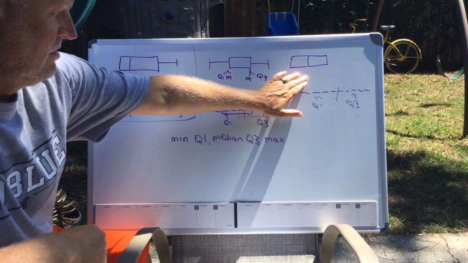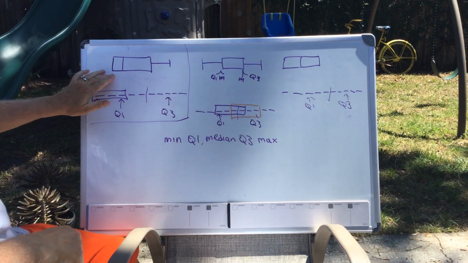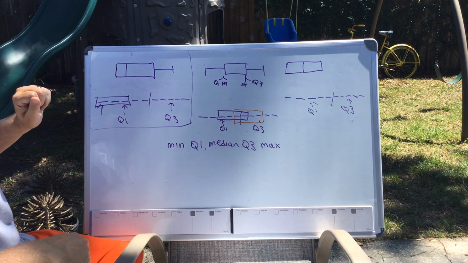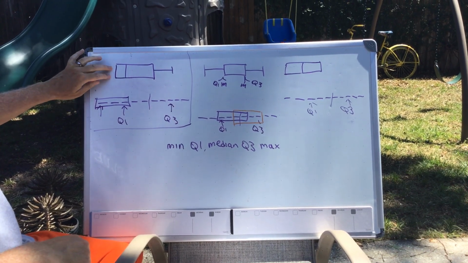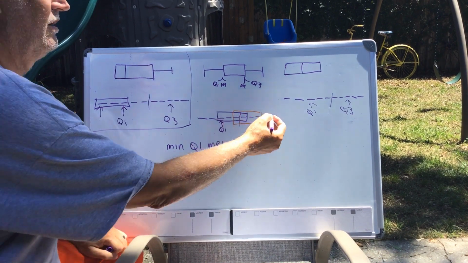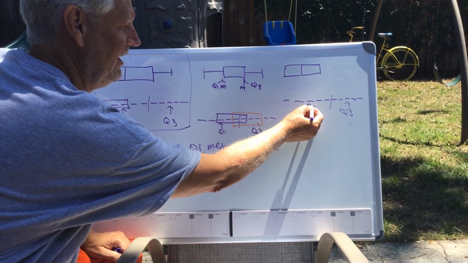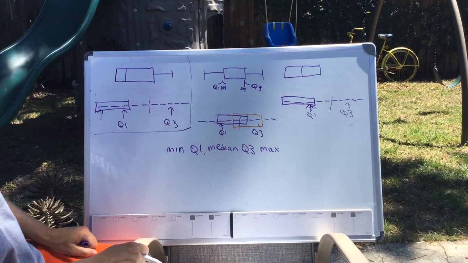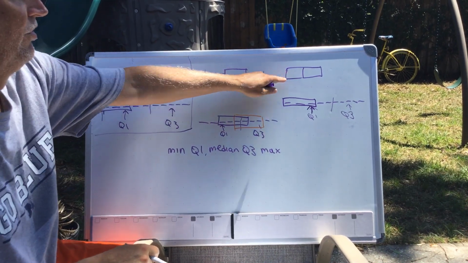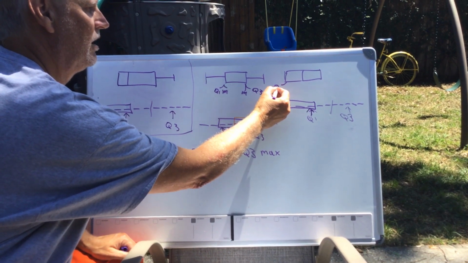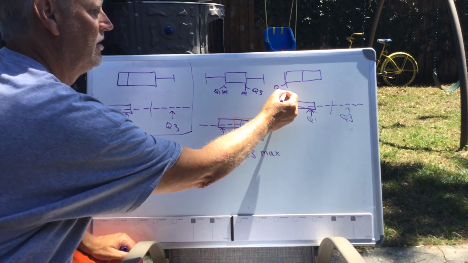Now this one is exactly the same as this, except instead of on one side, it's on both sides. If on this side these three numbers are the same, then that's going to be the same here. We know that because this line right here represents Q1 and the minimum.